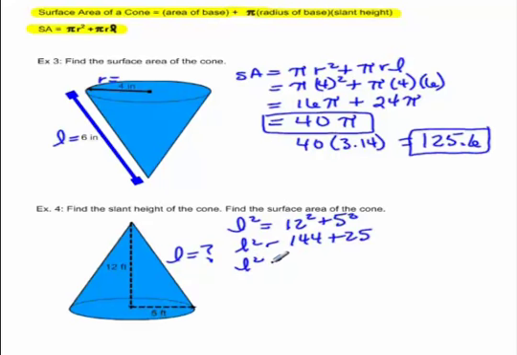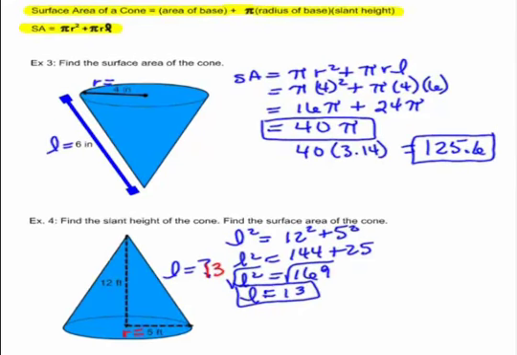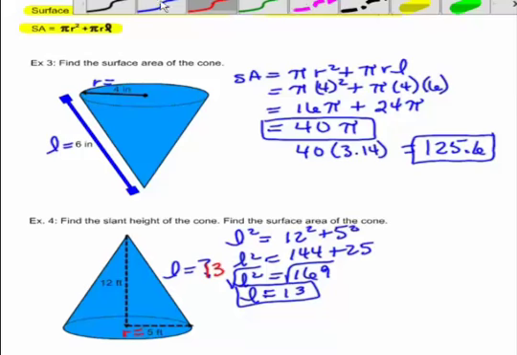So L squared is equal to, and I'm going to let you finish the rest of this. Okay, so did you get L is equal to 13? Good.